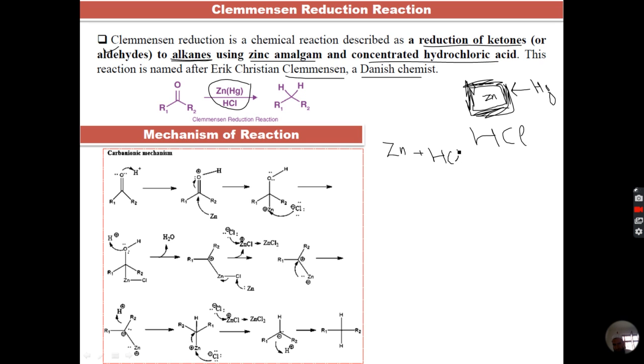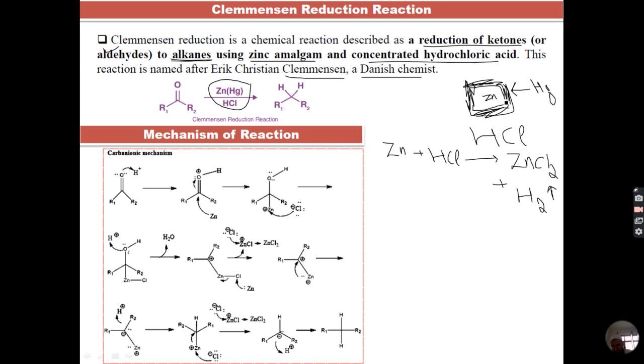Highly electropositive elements react with HCl and form ZnCl2, zinc chloride, and very importantly it releases hydrogen gas. Now this is important. Zinc is more electropositive than hydrogen, so it can displace hydrogen from the halo acids and release hydrogen gas.